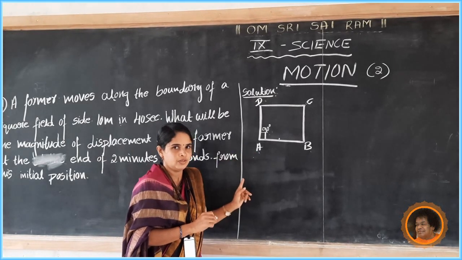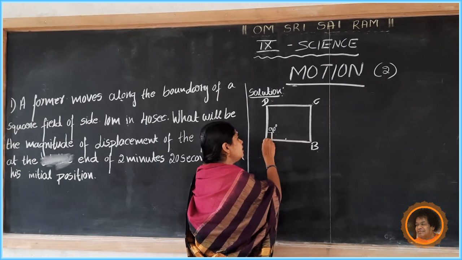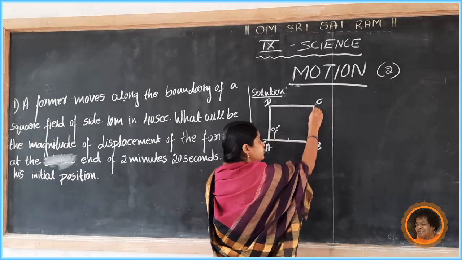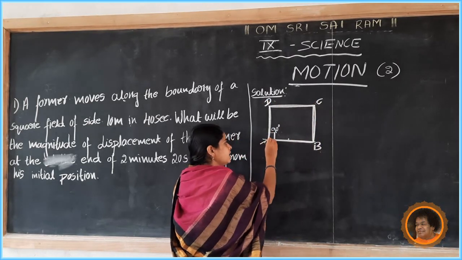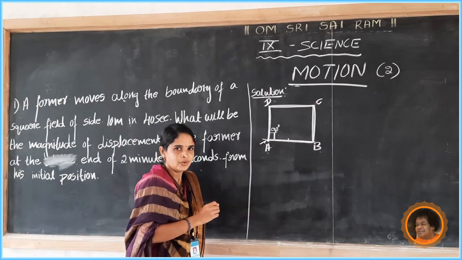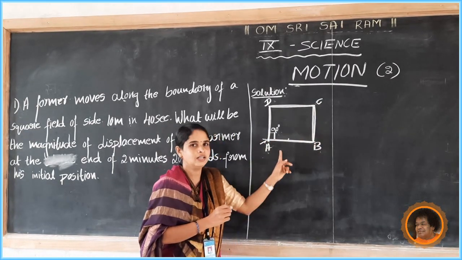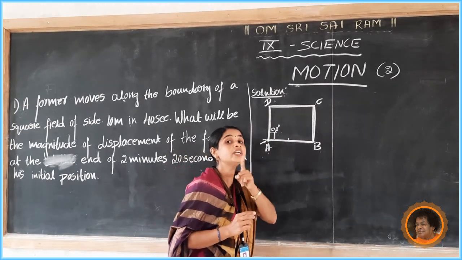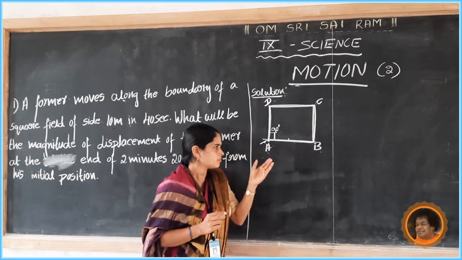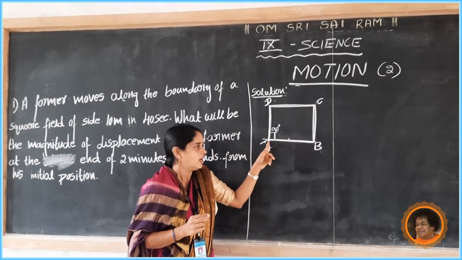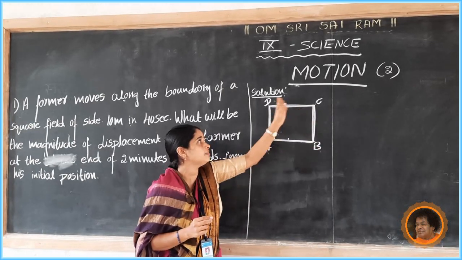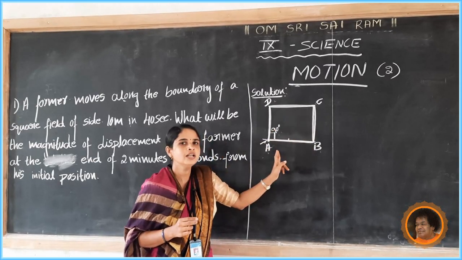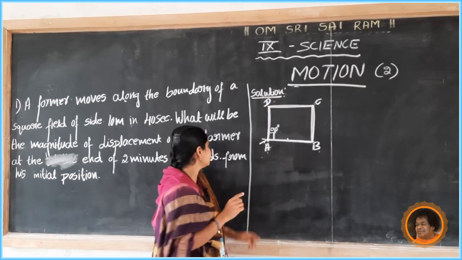That means first he is at position A, and he moves from A to B, then B to C, then C to D, then D to A. Again he comes to point A. That means one cycle, and he takes 40 seconds to complete his first round.